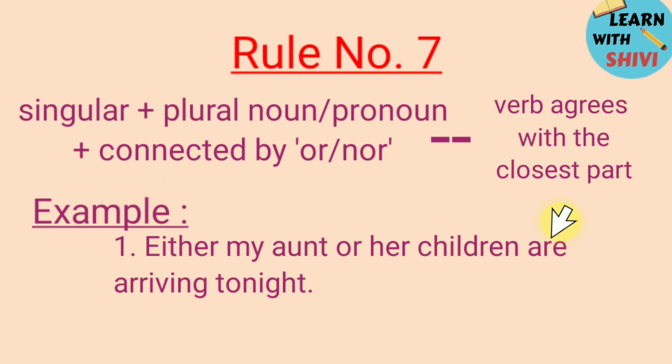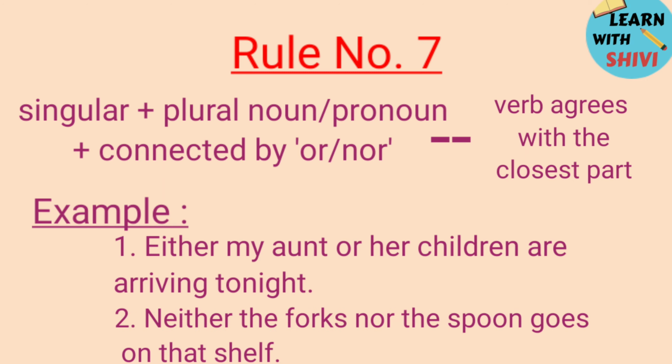Hence, the verb used is according to the closest noun, which is plural. Similarly, in the second example, neither the fox nor the spoon goes on that shelf. The verb is used in accordance to the closest subject, which is the spoon.